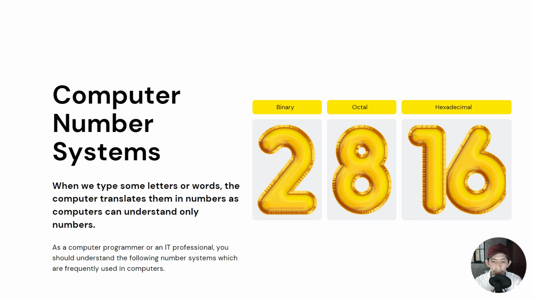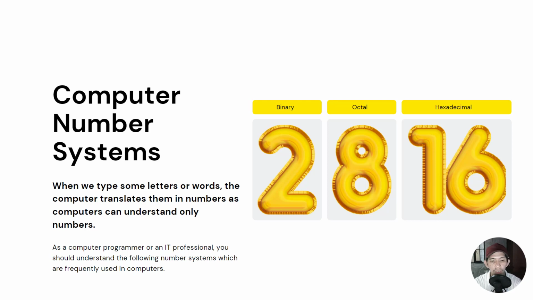Another one is octal number system, and then we have the hexadecimal system. Octal is composed of 0 to 7: 0, 1, 2, 3, 4, 5, 6, 7. That is composed of 8 numbers. Ang hexadecimal naman, on the other hand, is composed of 16 numbers and letters.